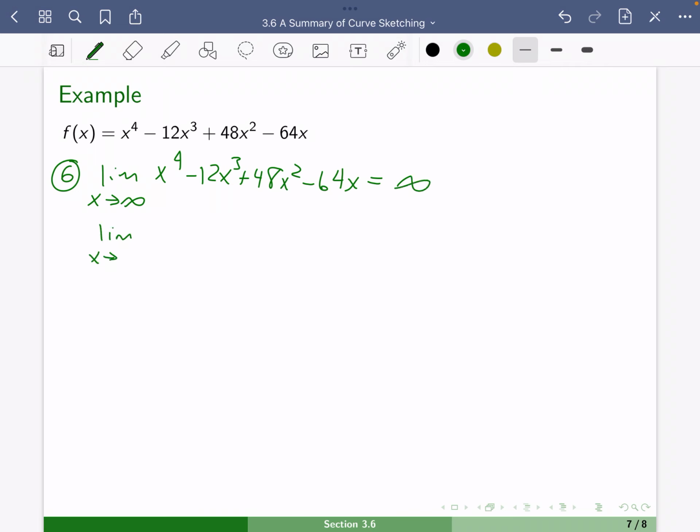As x heads towards negative infinity, this function still heads towards infinity. On both of those, what I would imagine doing is factoring out an x to the fourth.